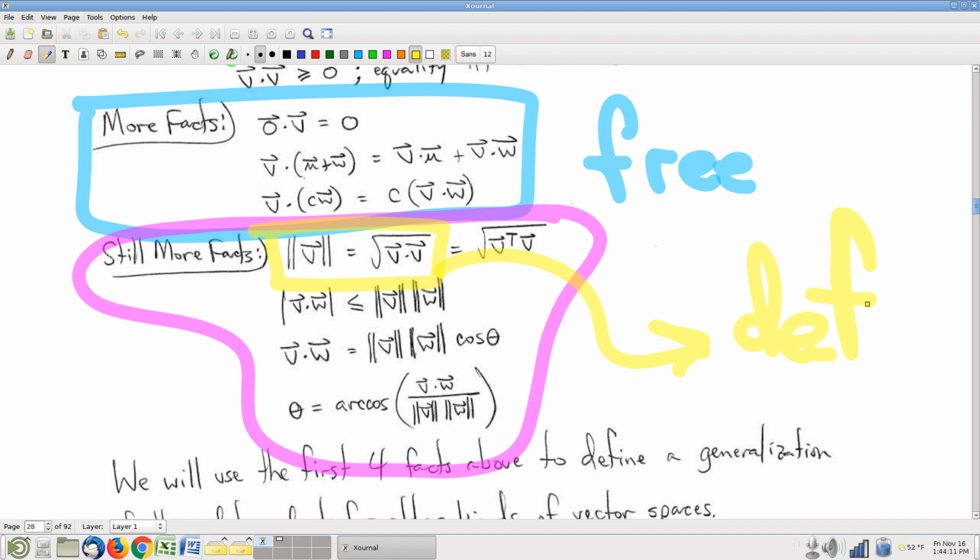And likewise, from this, we get a definition of angle. Don't have a notion of angle in your little world? Well, if you have an inner product, analogous to how we use the dot product here, you can use the analogous formula to come up with a notion of angle, weird though it may seem to do so, a notion of angle in your new inner product space.